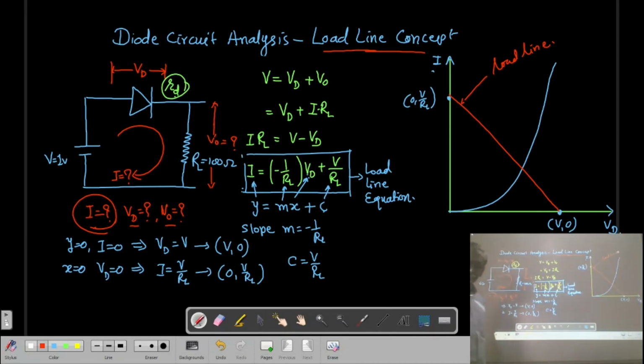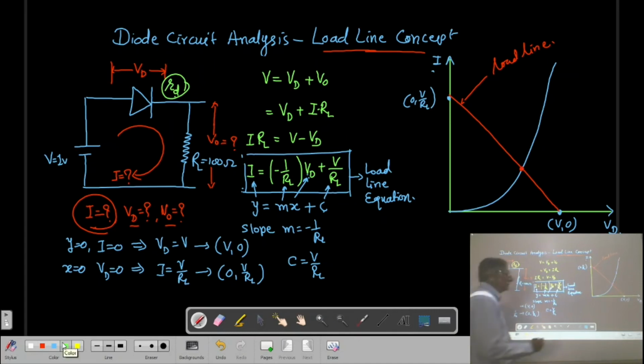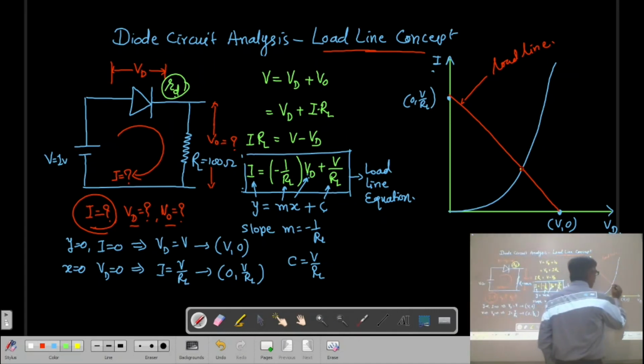Now what is important? Here, this load line is intersecting at this point. This intersection point is known as the Q point.